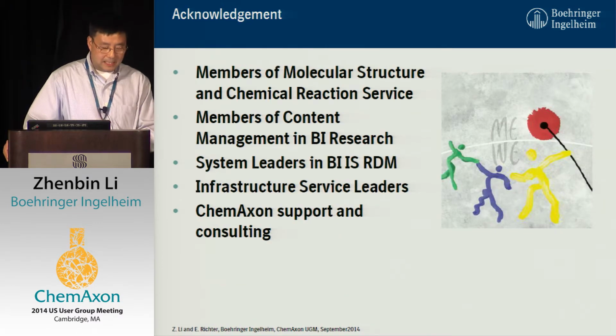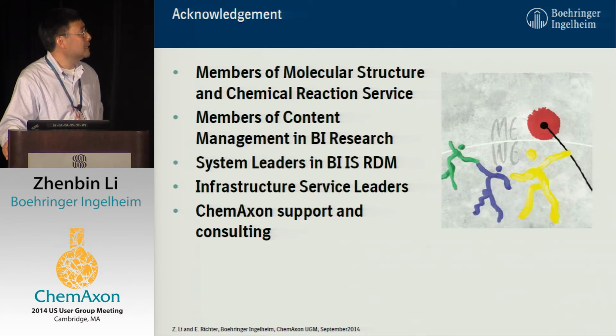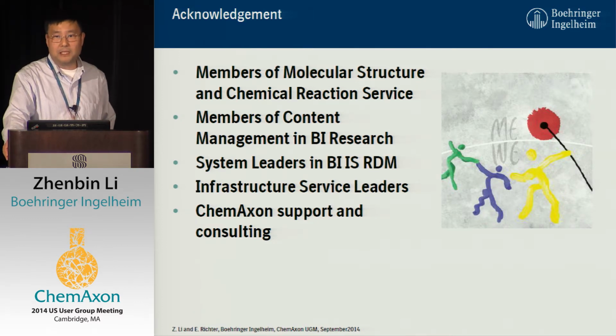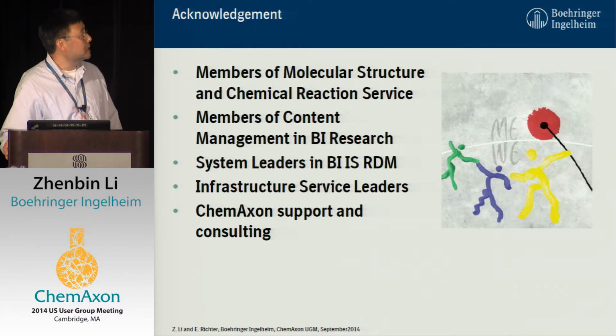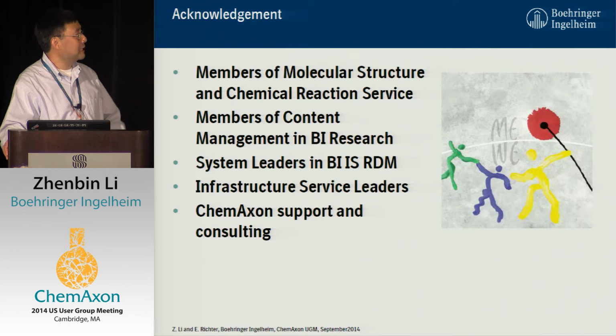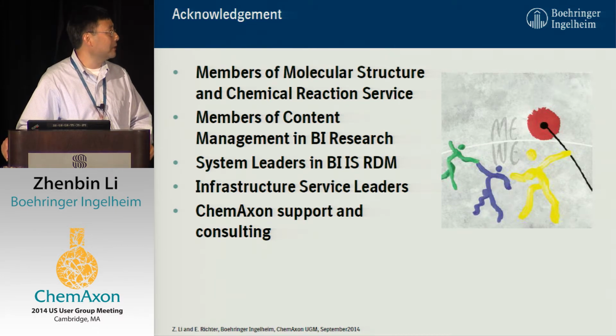So there were many people involved here. It's not one person's work. It's not even several people's work. It's a whole group. Many, many people worked together to make it happen. There was a member for the structure service, a member for content management in research, members for the infrastructure system leaders, and also the ChemAxon support is really critical.